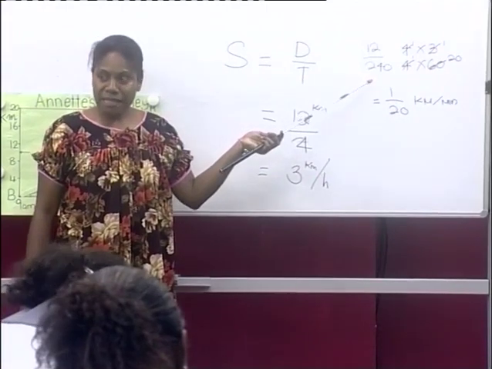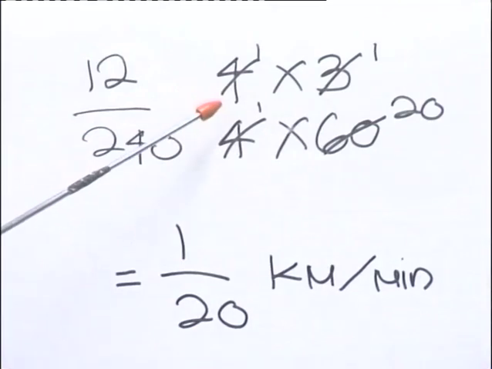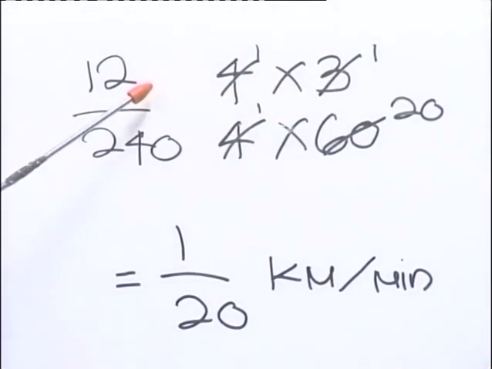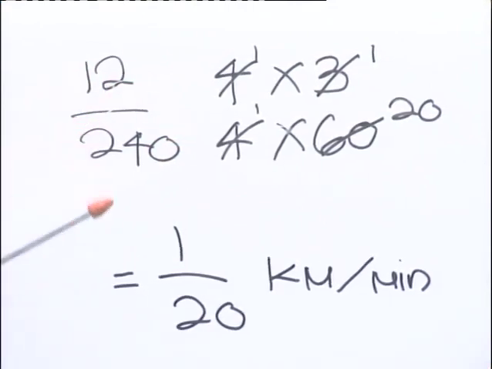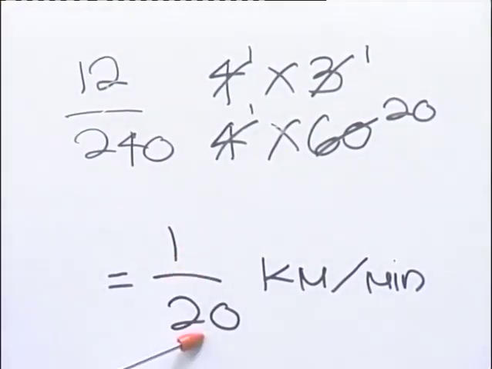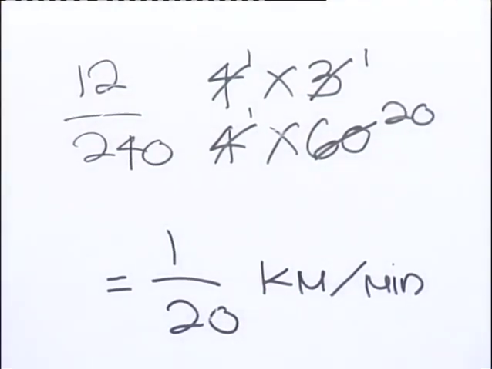Okay, so 4 times 60 gives us 240 minutes. And then this is what she did. She simplified, or she factorized. 4 times 3, 12. That's another way of calculating. Otherwise you can simplify, and you still get your answer: 1 over 20, or 1/20th kilometer per minute.